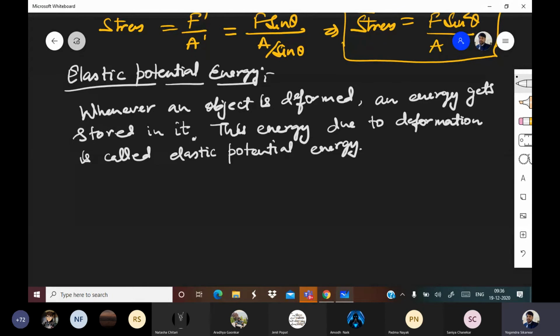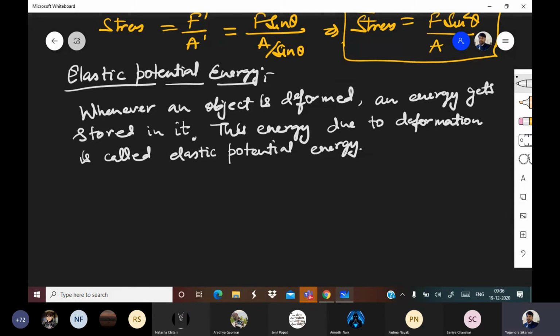Just to tell you, everyone, please pay attention. This elastic potential energy basically is the energy due to deformation, or in other words, you can understand that it is due to the strain which is occurring. Strain means change in shape. So when the strain is occurring, because of that strain, energy is getting stored in it.